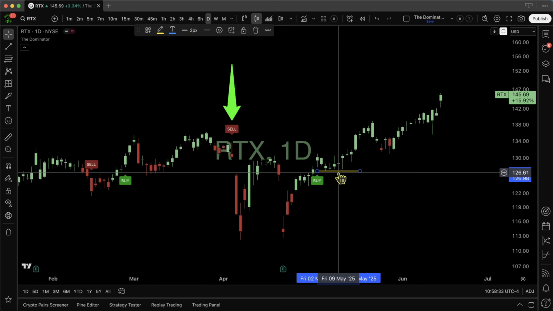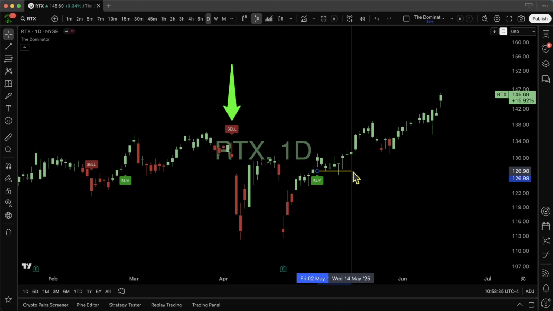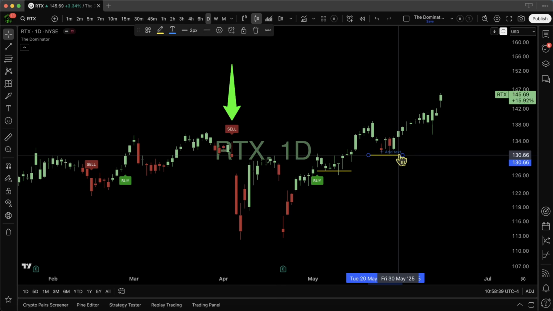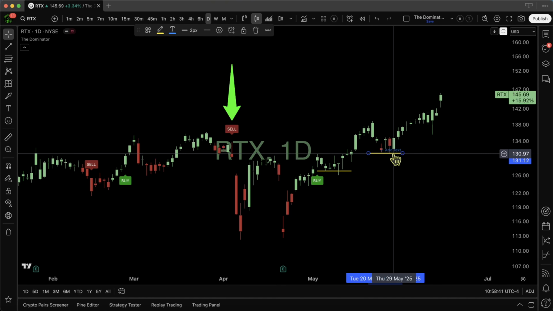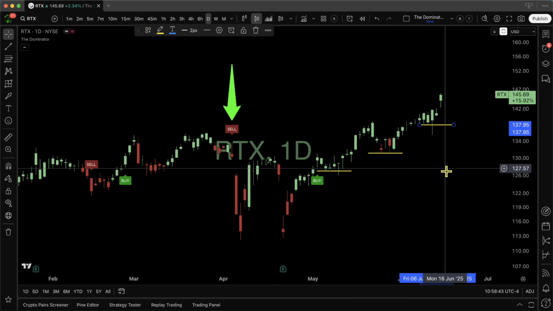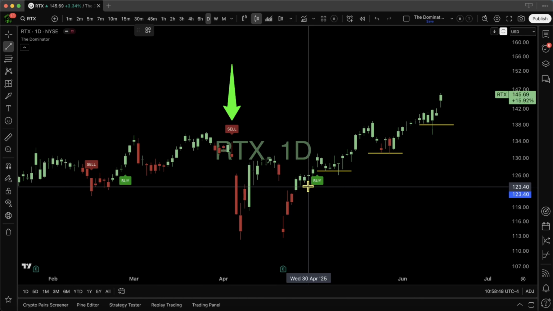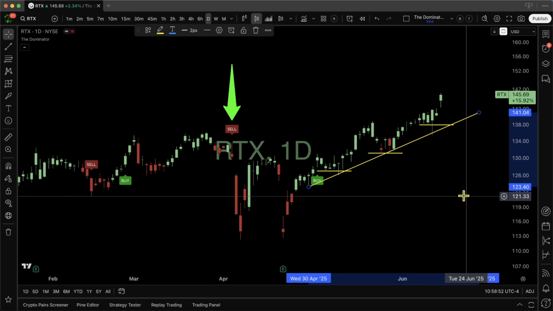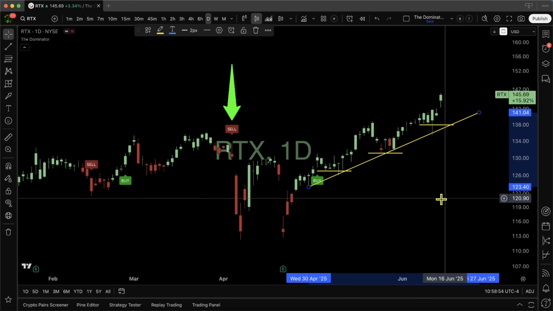And the color for support is yellow. So I'm just going to change that to show you guys. So this was a beautiful support they established. And of course, they established another one. And you have a third one they have established, guys. And if you take my courses, guys, check this out. This is also a nice support line for RTX, guys.